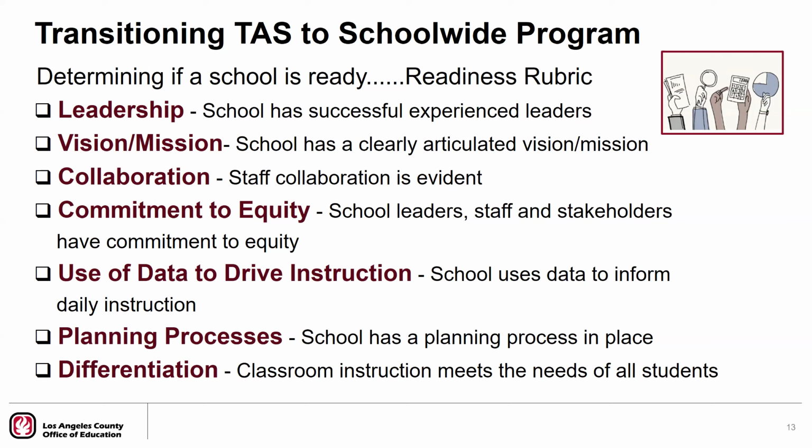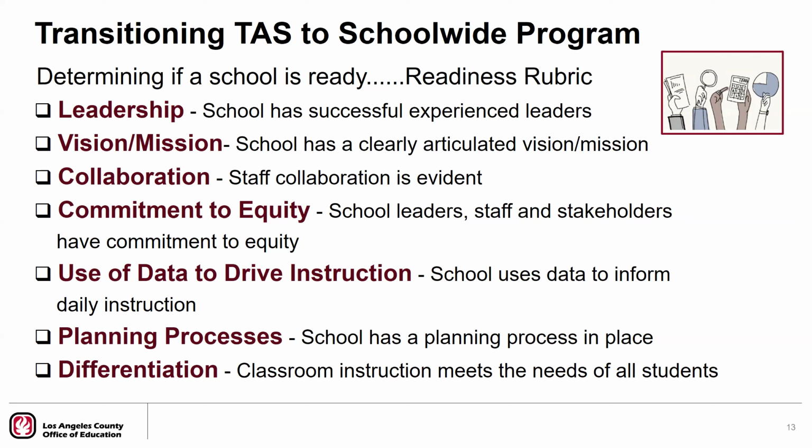The LEA should reflect on these various aspects of the school, such as the leadership. What level of experience does the school leadership have? Then you'll look at the vision and mission of the school and its level of articulation and implementation of that vision and mission. What level of collaboration exists already among the staff at that school?